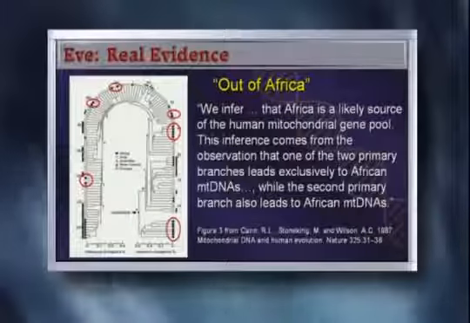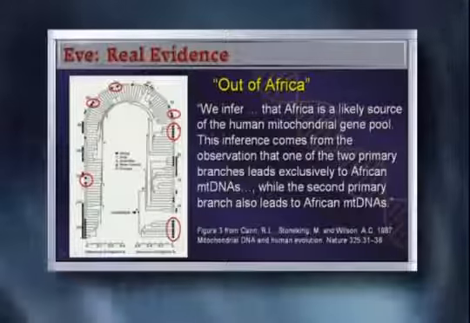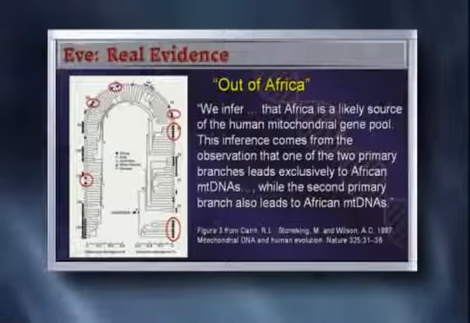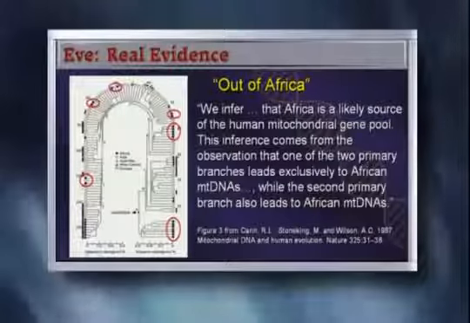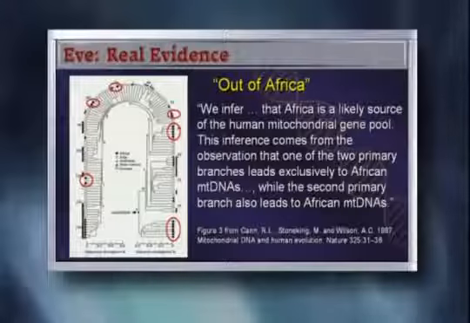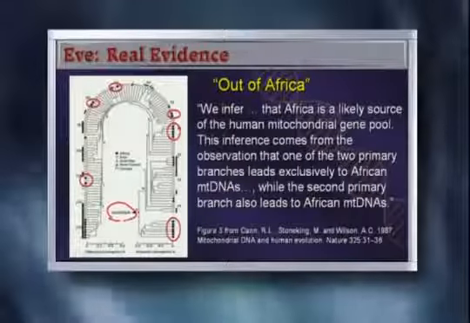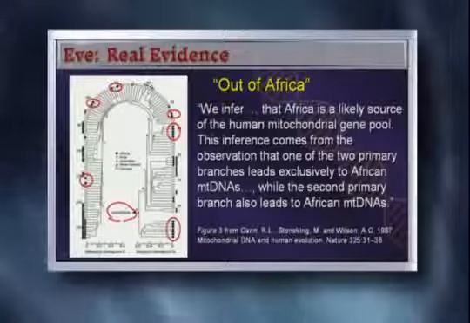All right, got it. Now, the evolutionary assumption here is that an old population will accumulate a lot of mutations over time. Sure. So they looked at that and they made an inference. That quote there: we infer that Africa is the likely source of the human mitochondrial gene pool. Because there are two big branches here, that word ancestor.